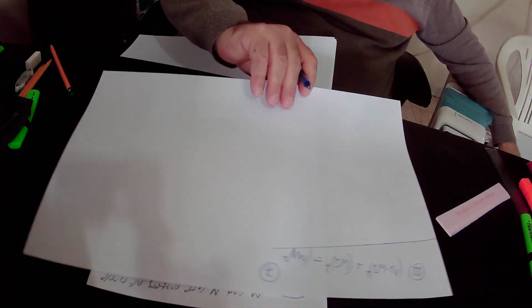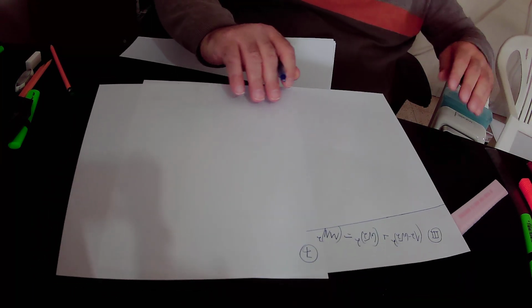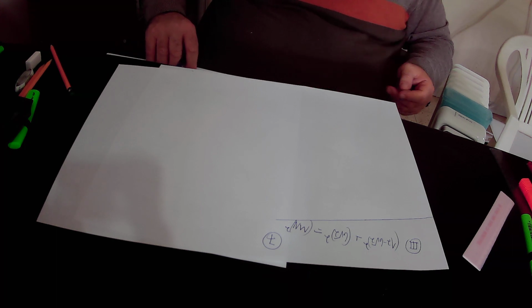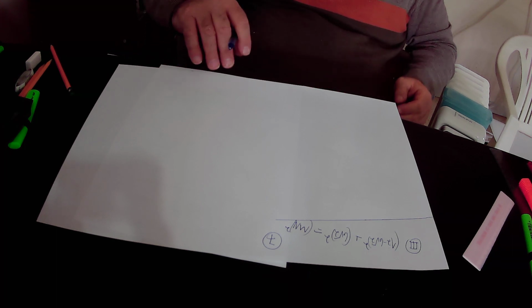So according to equation number 3, 12 minus 6 times square root of 2 square plus 6 times square root of 2 square equals MN square.